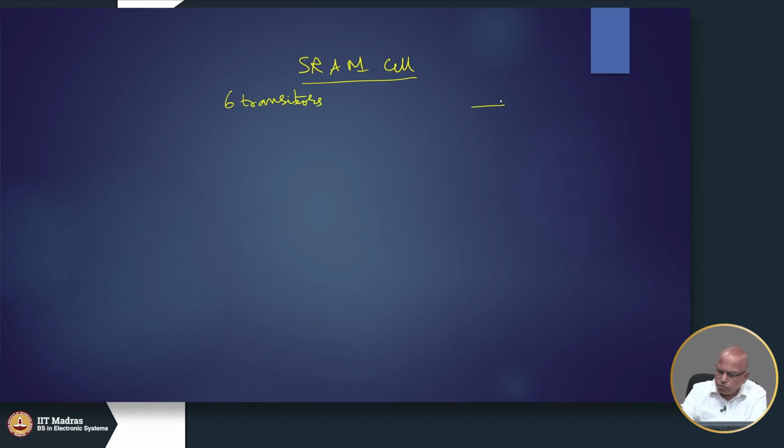Basically, it consists of 2 inverters connected back to back, like a flip flop. Okay, there are 2 inverters connected like this. So, notice that if we have put a 0 here somehow, then this inverter will produce a 1 here and that will produce a 0. So, this is one stable state.